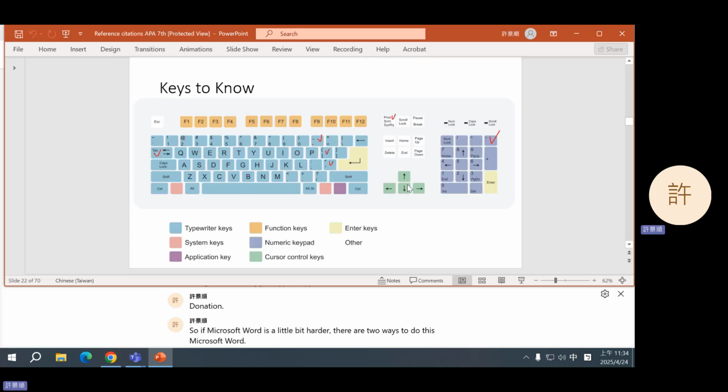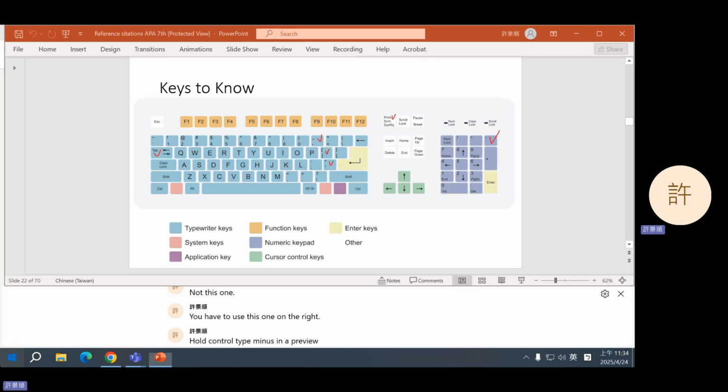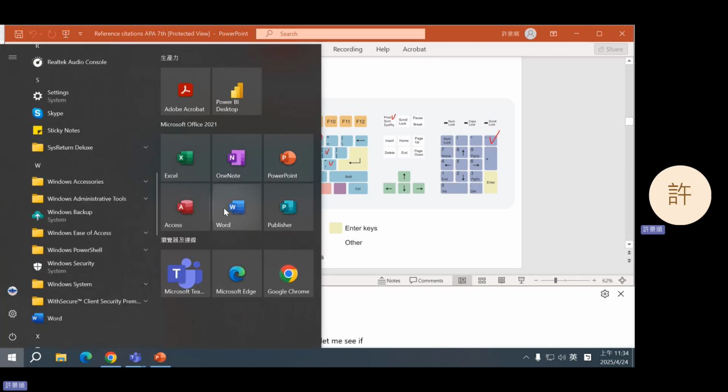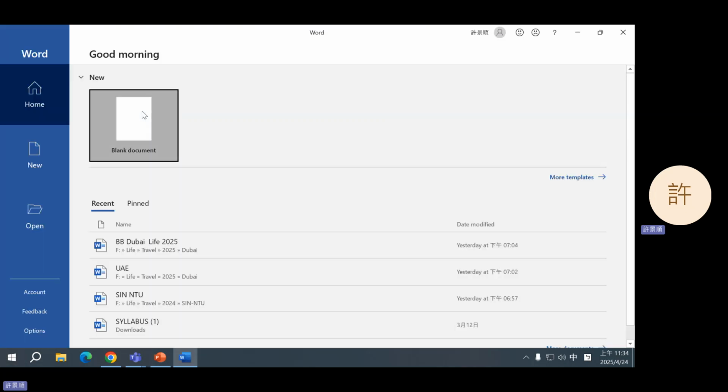The first way is to hold Control and then type minus on the right. Not this one, not this one. You have to use this one on the right. Hold Control, type minus. It'll give you an n dash. Let me see if this will work.